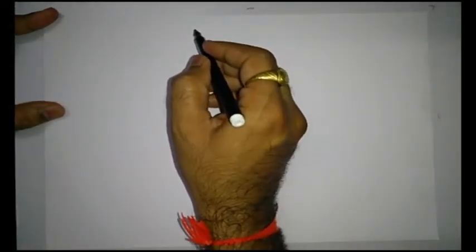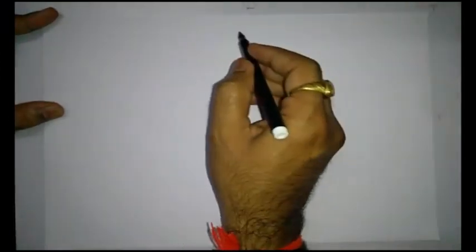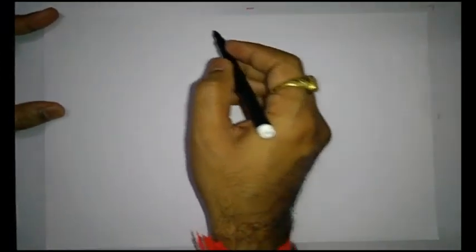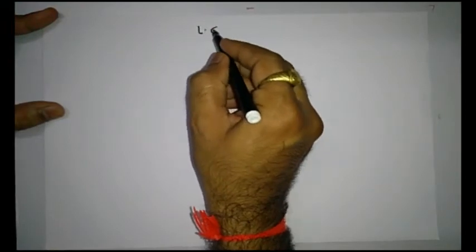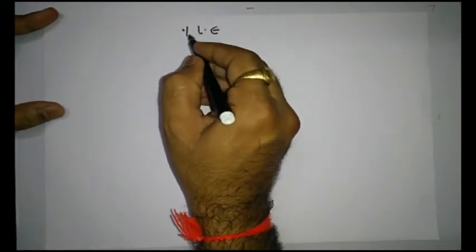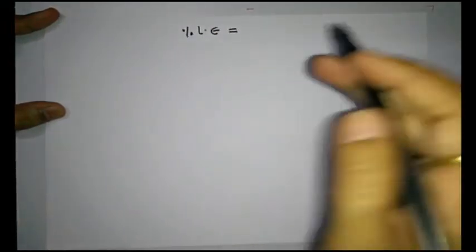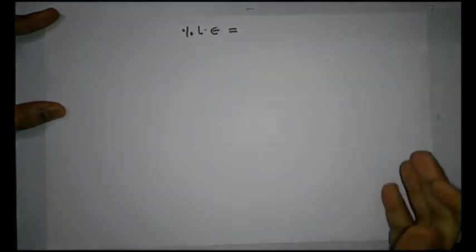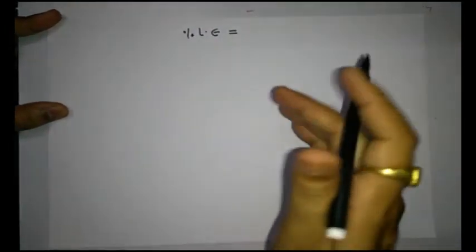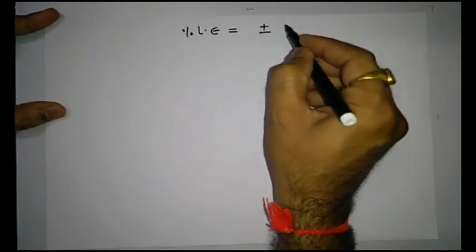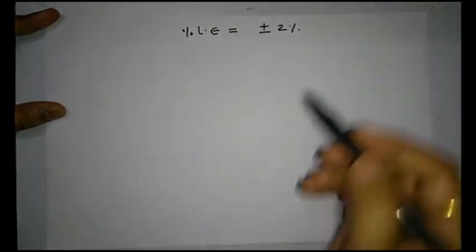Let us consider that we are trying to calculate the current flowing through a circuit, and the percentage of limiting error specified by the manufacturer of that ammeter is say plus minus 2%.